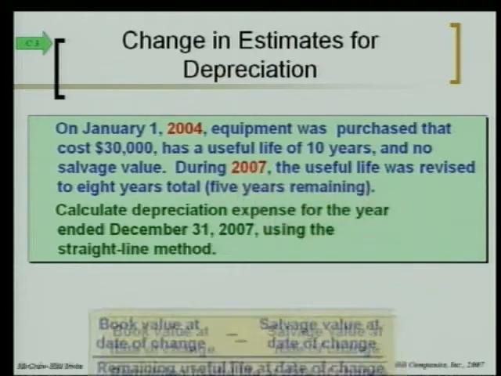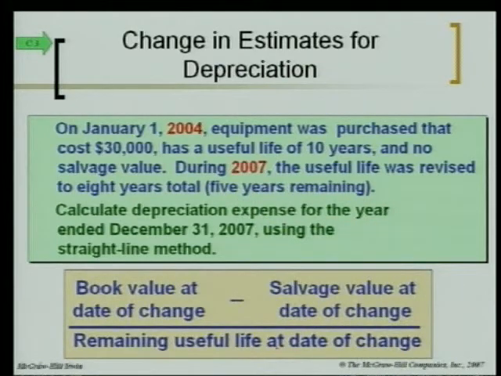Okay? Well, the formula that we're going to use is we are going to use the book value at the date of change minus the new salvage value, if we have a new estimate, divided by the remaining useful life. Okay? Do you remember what book value is? What is book value?